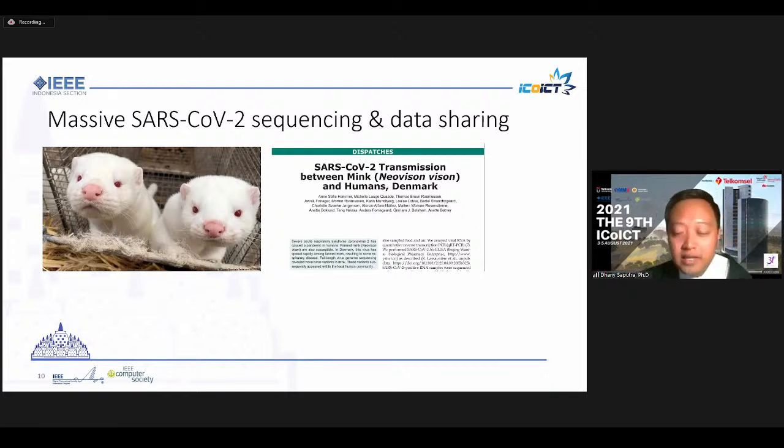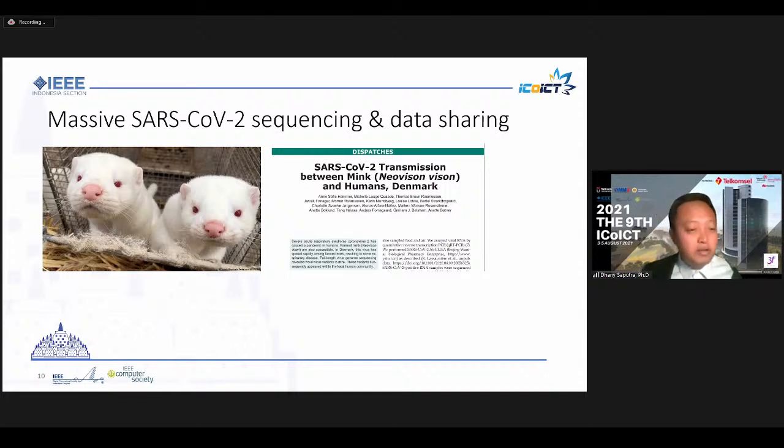After that, we detect where the mutation is. Is it the same as Wuhan? Is it the same as alpha or something like that? That's why we detected alpha and delta very fast, especially when alpha started attacking Europe from the UK.